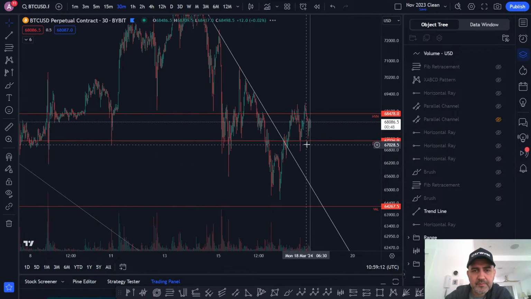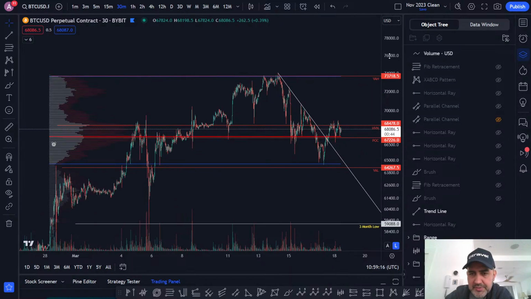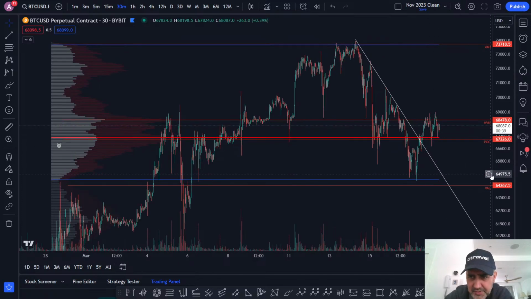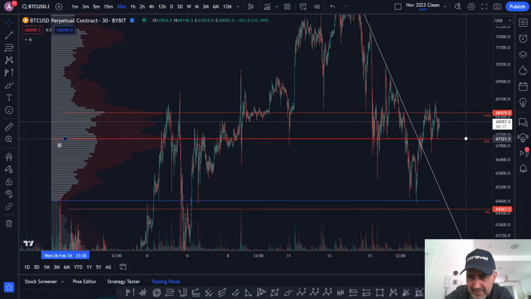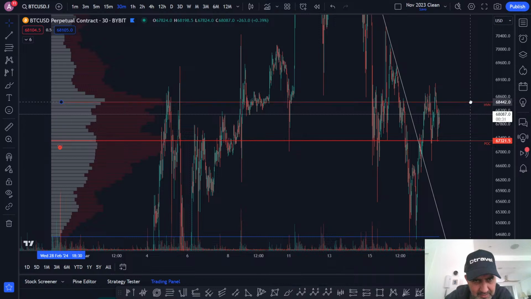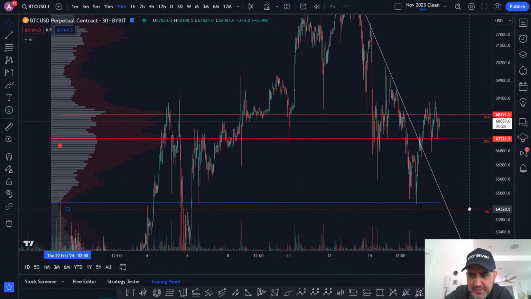All right. And then we've got our range pool. Let's just make sure that the nodes are correct. So the point of control has moved up a little bit. It's interesting to see, the high volume node has potentially moved down a little bit. The value area low has moved up.